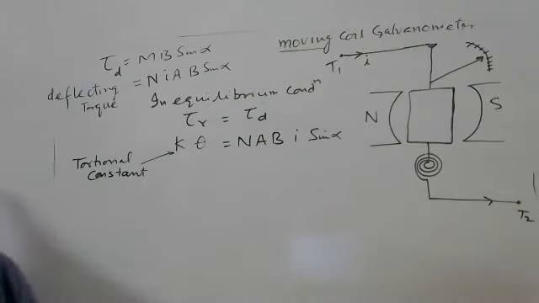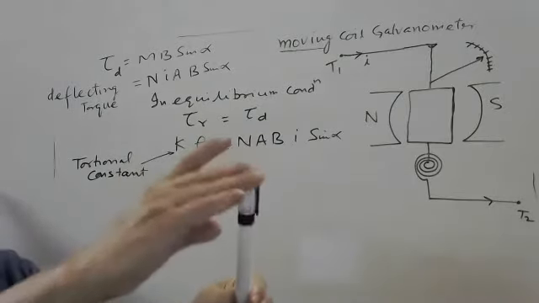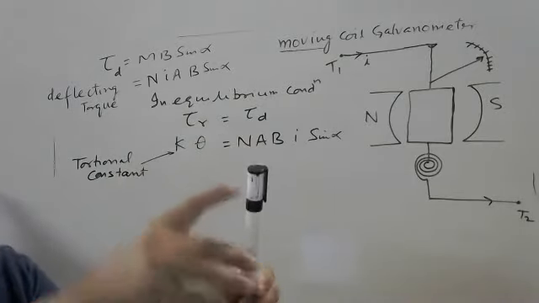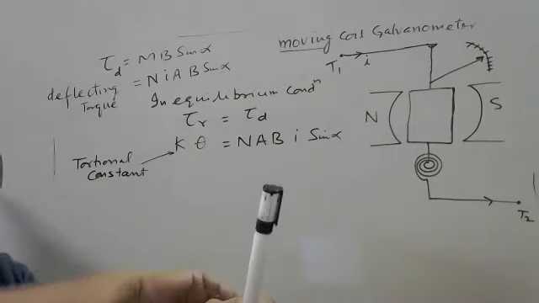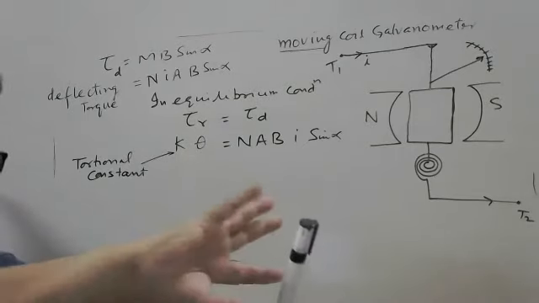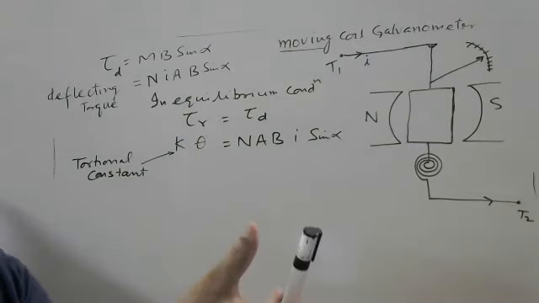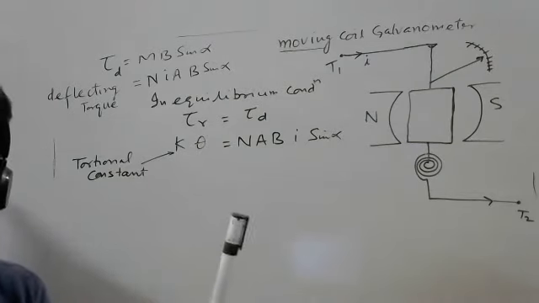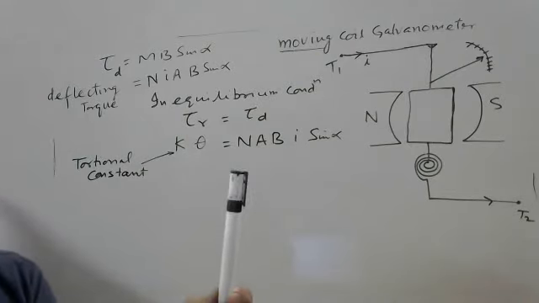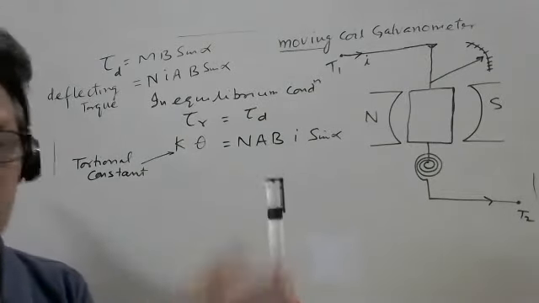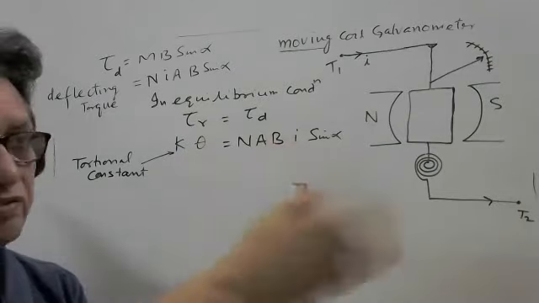In the equilibrium condition, when the pointer gets to the final position, this is the deflecting torque and this is the restraining torque. Suppose deflecting torque is in clockwise direction, restraining torque must act in the anti-clockwise direction. Suppose we are talking about a galvanometer. It is centrally zero, so it can deflect both sides.